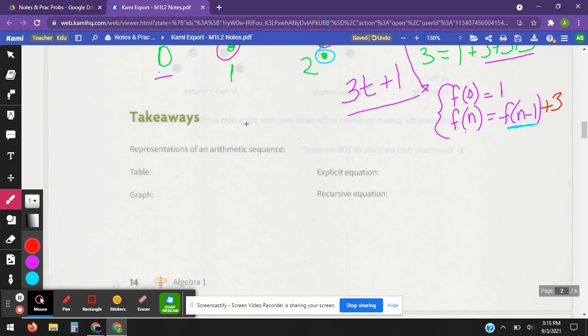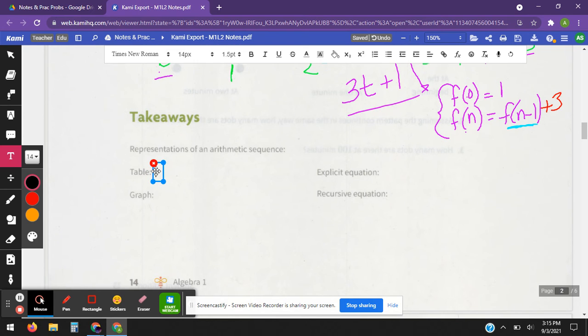All right. So for my table, it shows the common difference between terms.